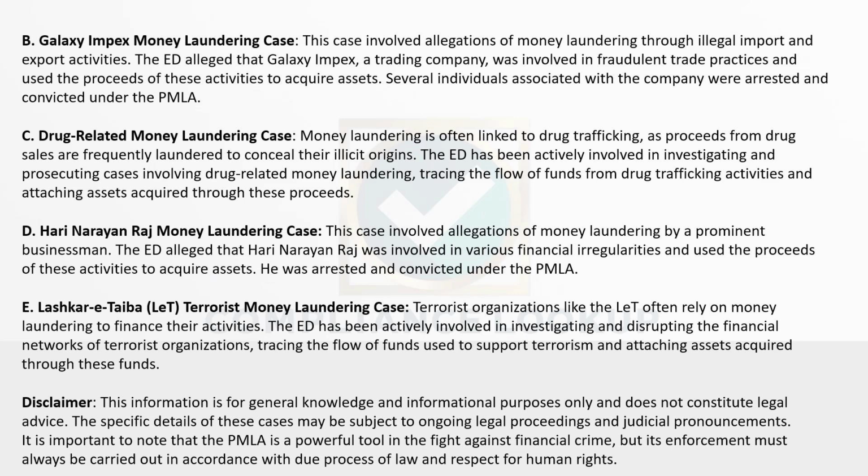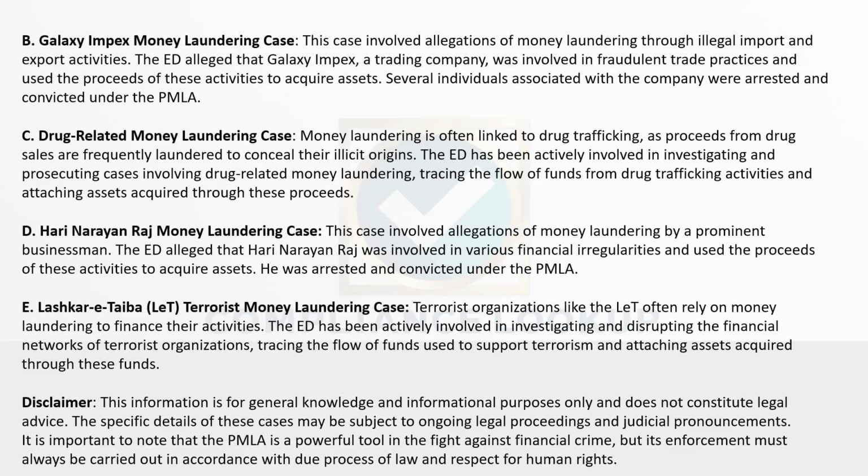Now, coming to its conclusion, the Prevention of Money Laundering Act (PMLA) plays a critical role in fighting financial crimes and protecting the economy. Through the dedicated efforts of the Enforcement Directorate (ED), India has successfully prosecuted many high-profile cases, resulting in convictions and asset seizures.